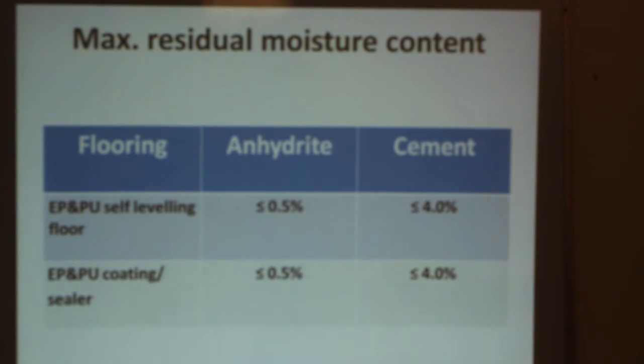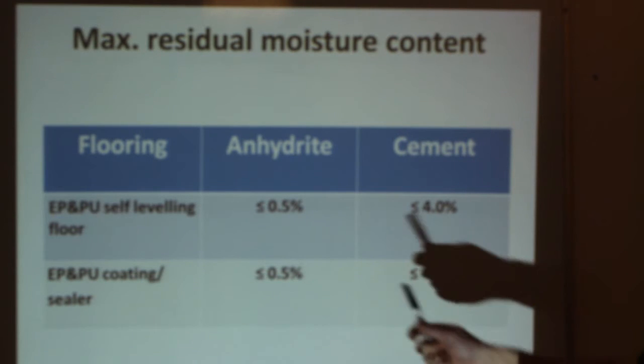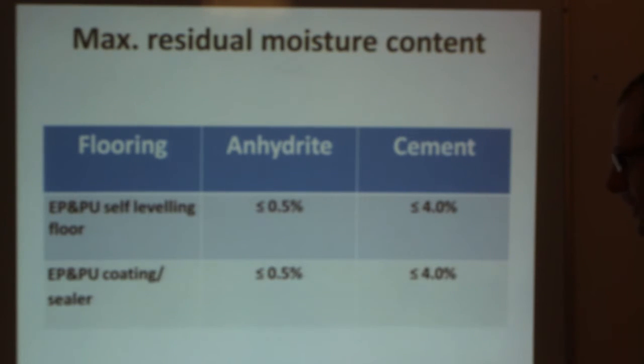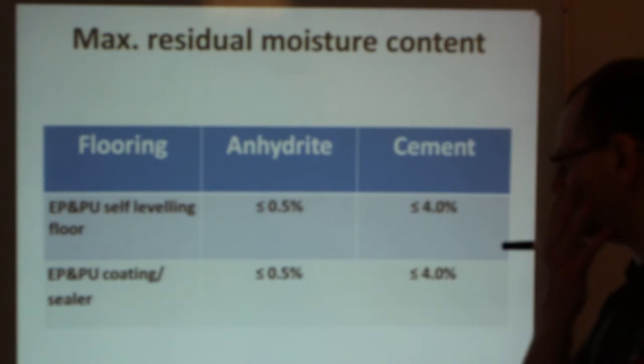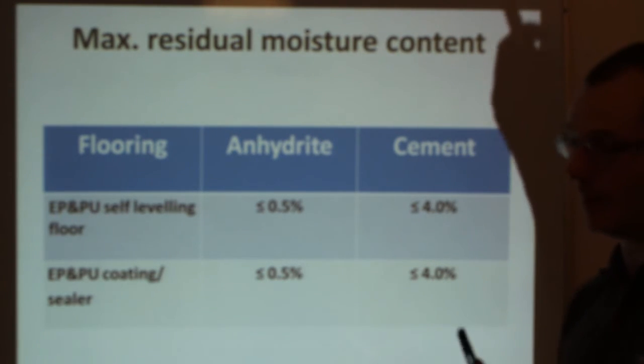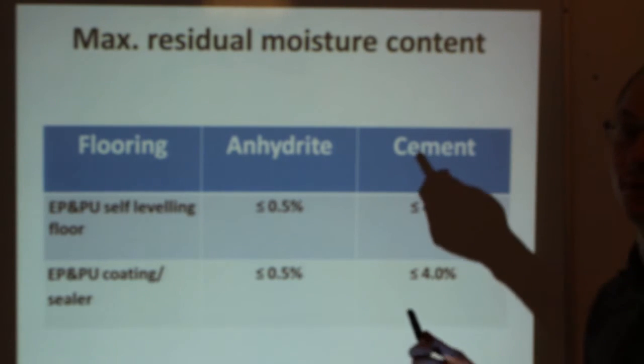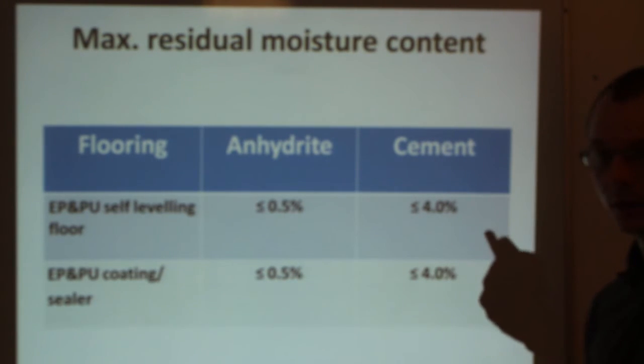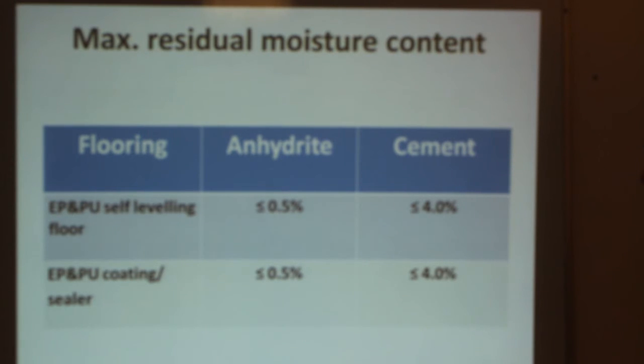So, the maximum residual moisture content, and we have anhydrite and cement. They both represent subfloors, being cementitious or gypsum-based screed and concrete. And here we have values for EP and PU self-leveling floors. EP means epoxy and PU means polyurethane, for those who are new in this area.